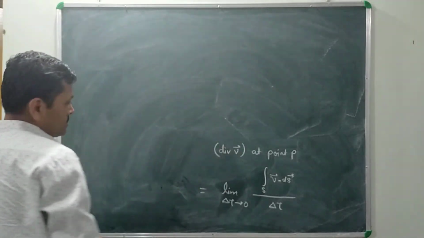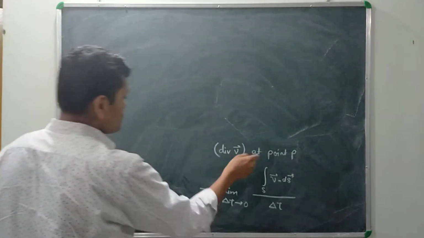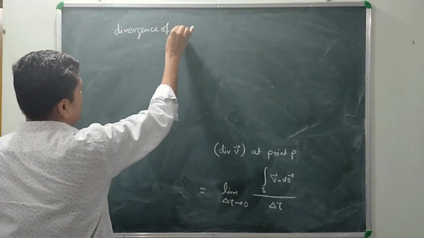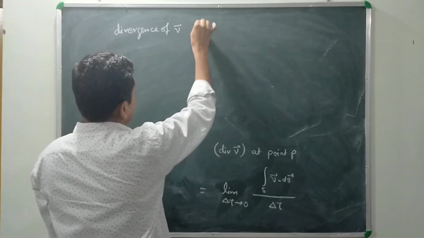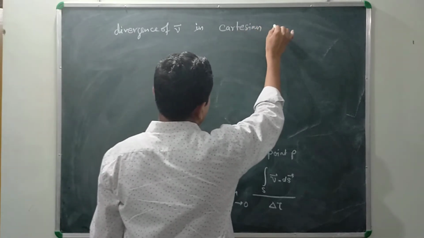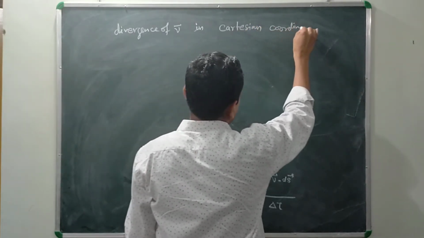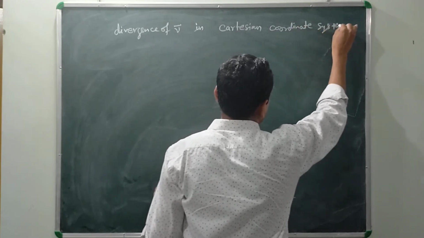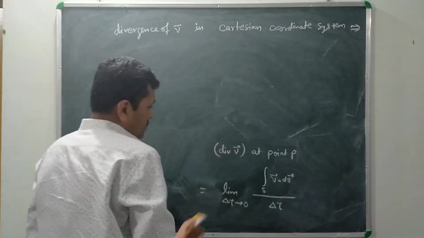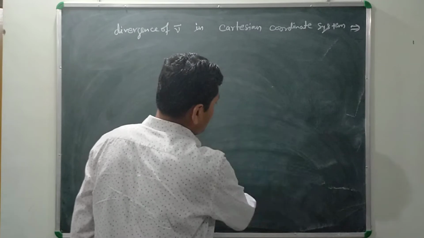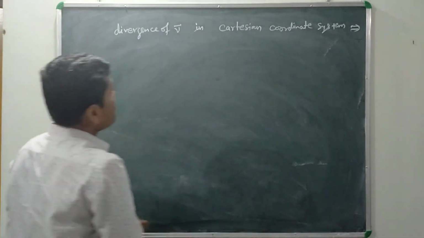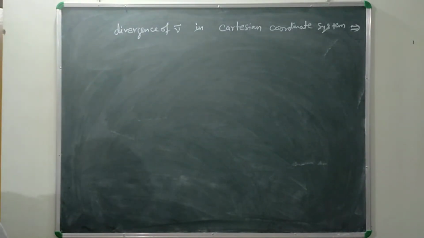Now let us evaluate the divergence of vector V in case of Cartesian coordinate system. We will make use of this definition for the evaluation of the divergence of vector V in Cartesian coordinate system.